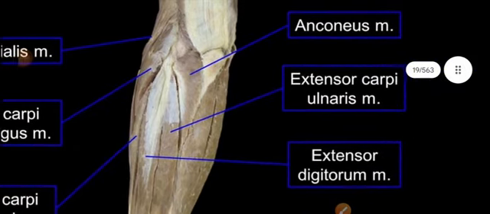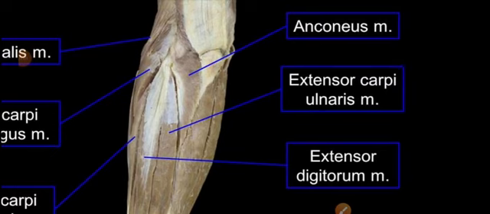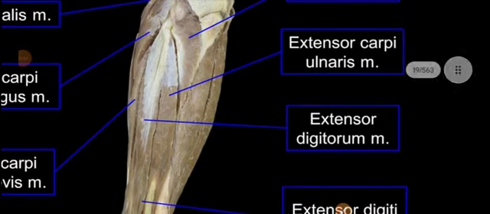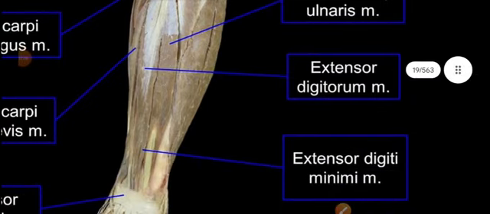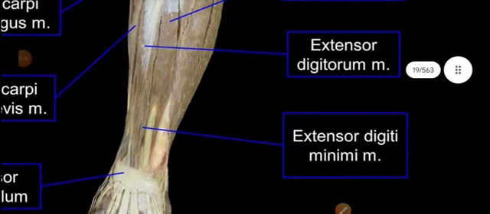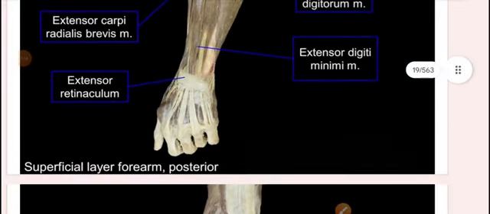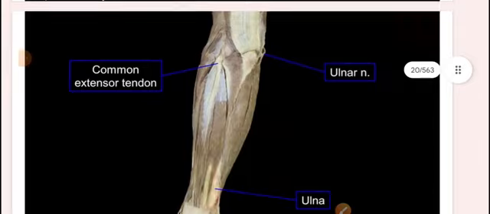On the other side we can see anconeus muscle, extensor carpi ulnaris muscle, extensor digitorum muscle, extensor digiti minimi muscle. So these are the superficial layer of the forearm posteriorly.